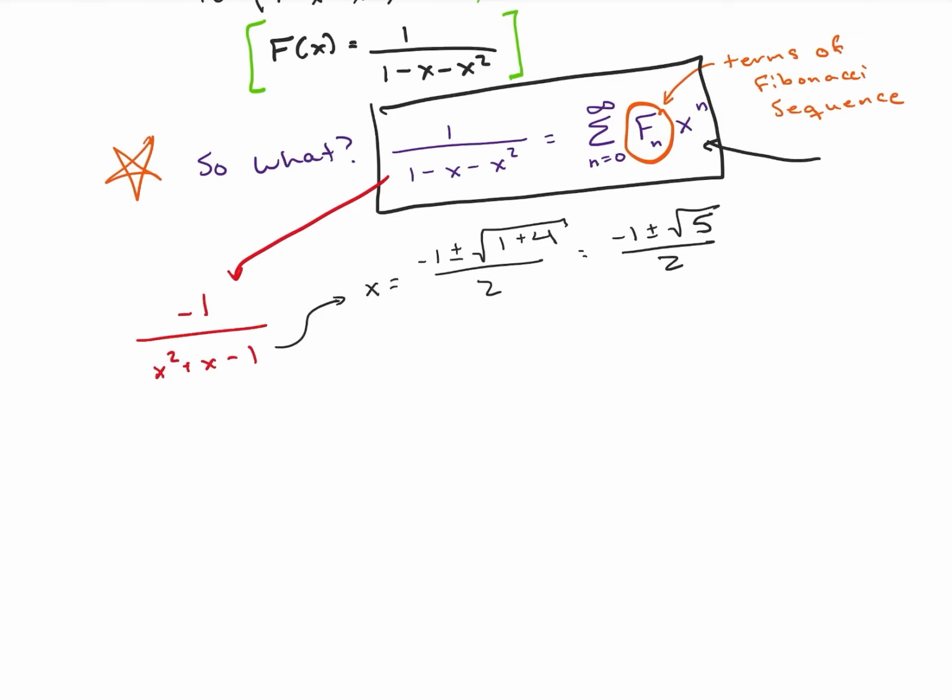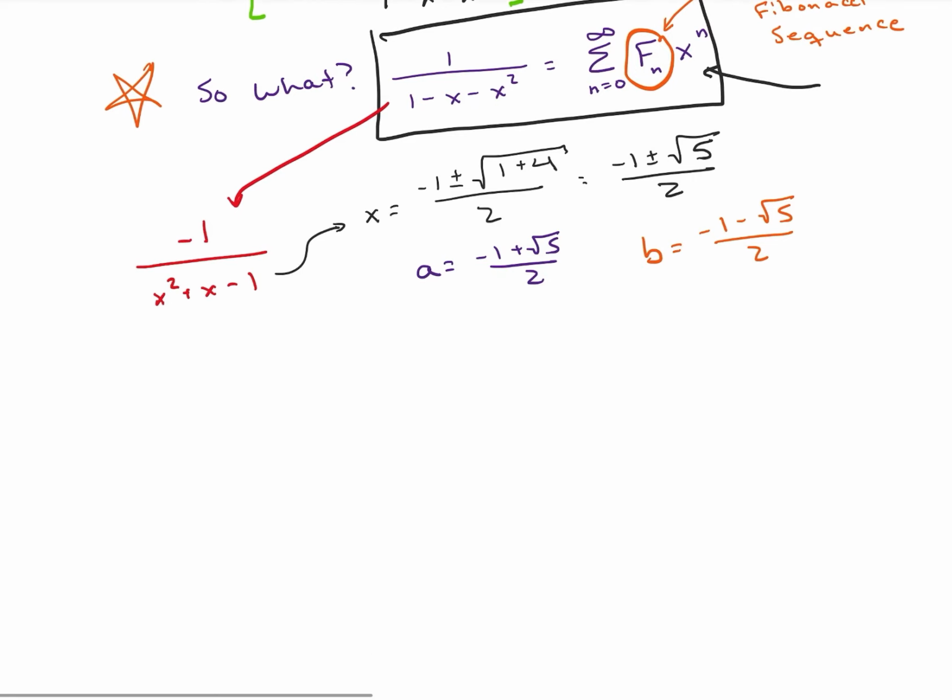So I'm going to say a is equal to negative 1 plus square root of 5 over 2, and b is equal to negative 1 minus square root of 5 over 2, just because I don't want to keep writing those numbers down over and over.